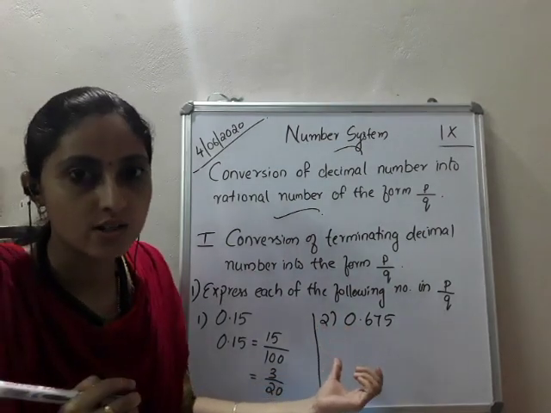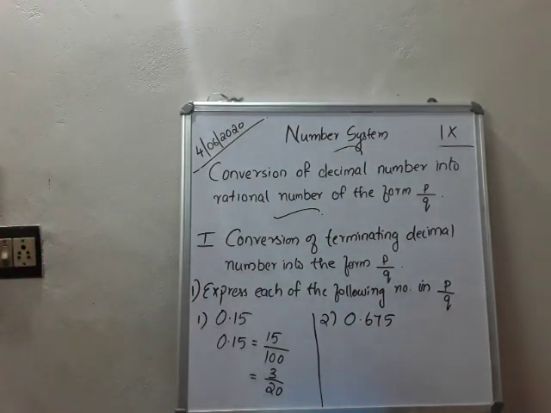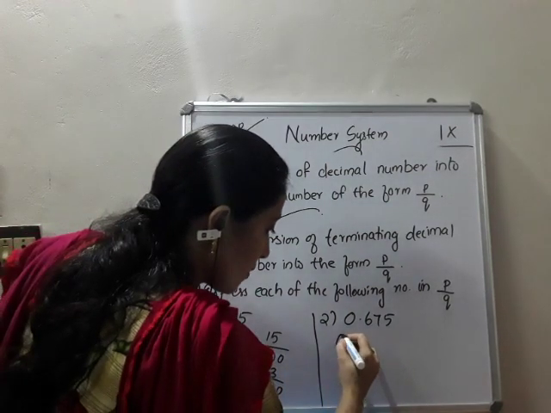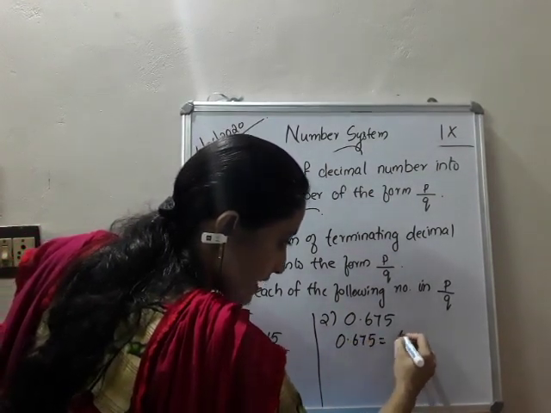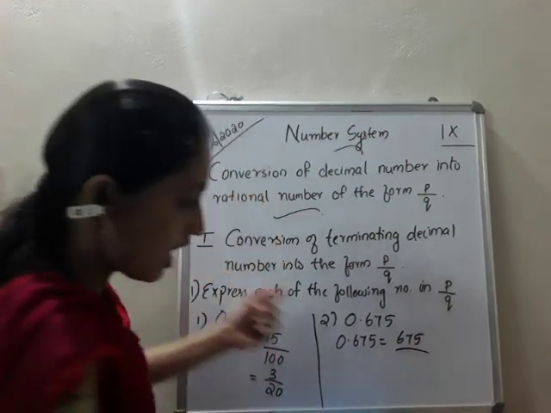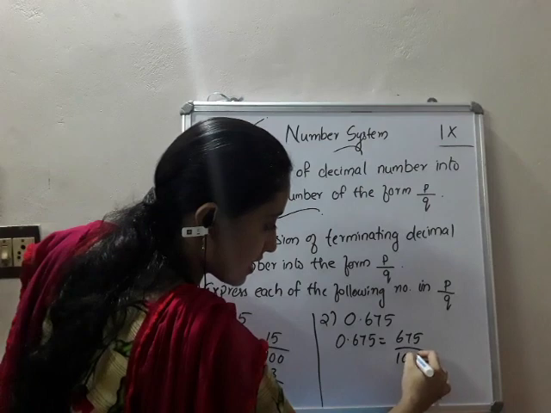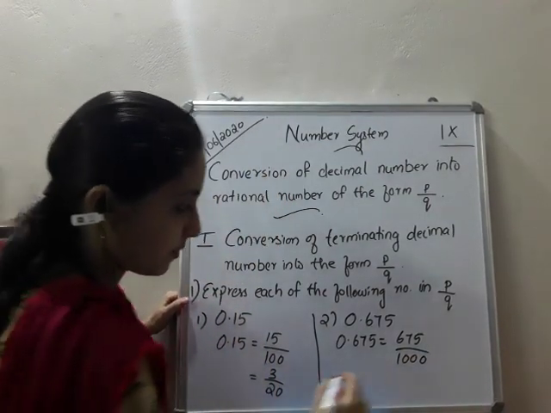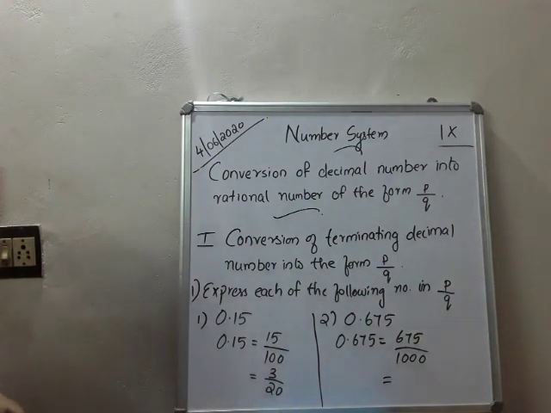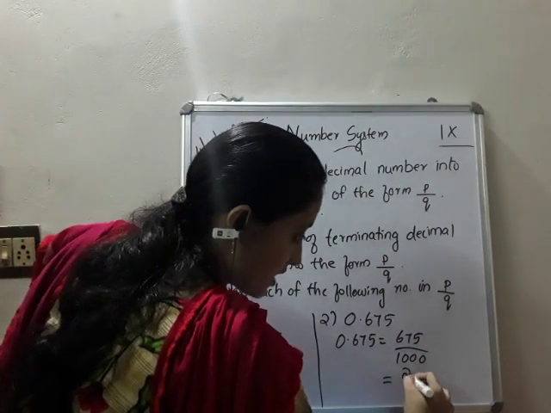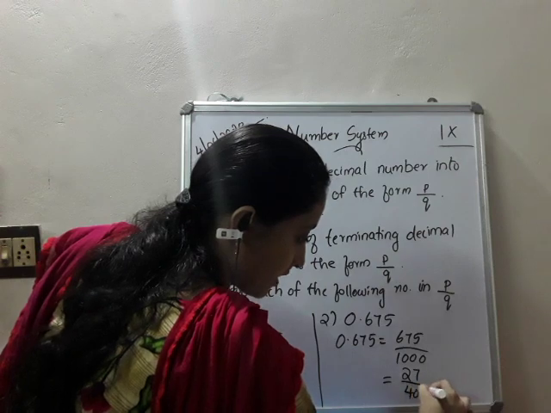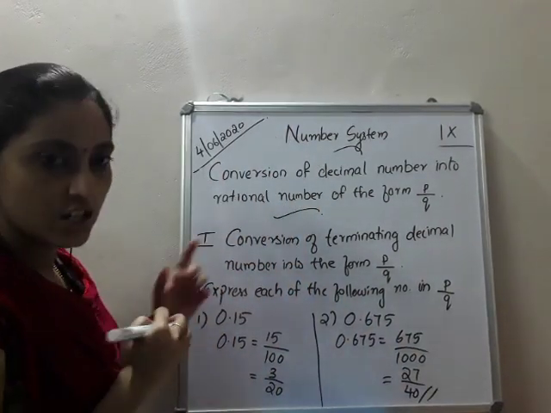So 0.675 is equal to 675 divided by, how many decimal places? 3 decimal places, so divided by 1000. After cancellation, you got the answer as 27 divided by 40. If you got the correct answer, you can put a tick mark there.